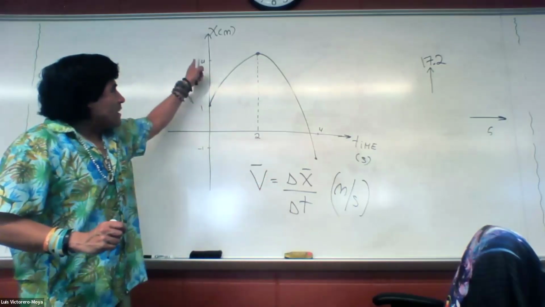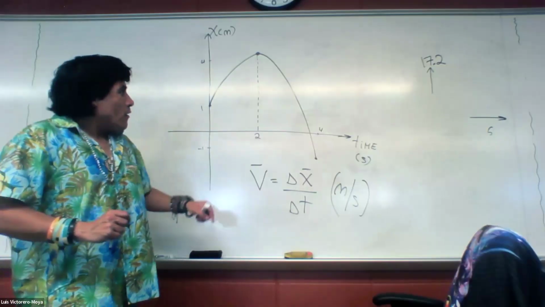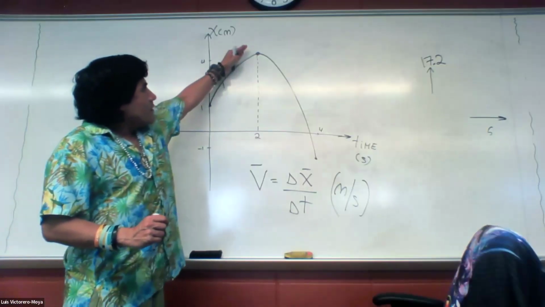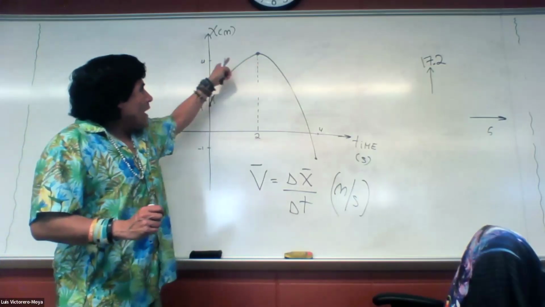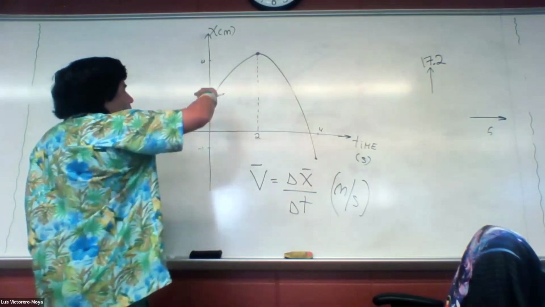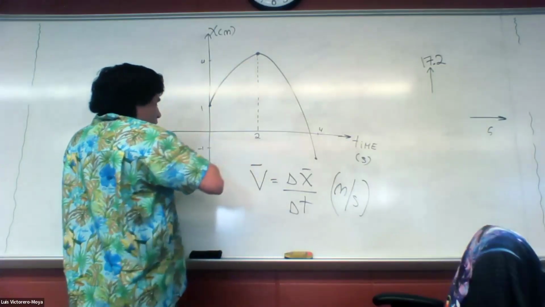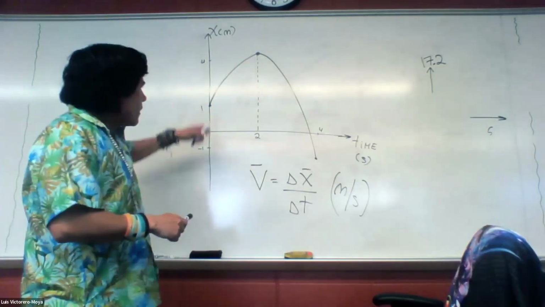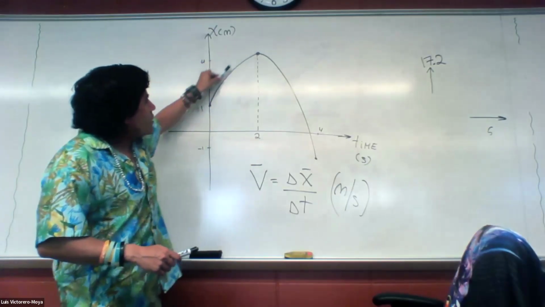Delta X over delta T is a slope of a line, right? Or it's just your slope of a line that can be tangent to this curve. So my curve is like this, right? So if I draw a line, my line is going to have this orientation.